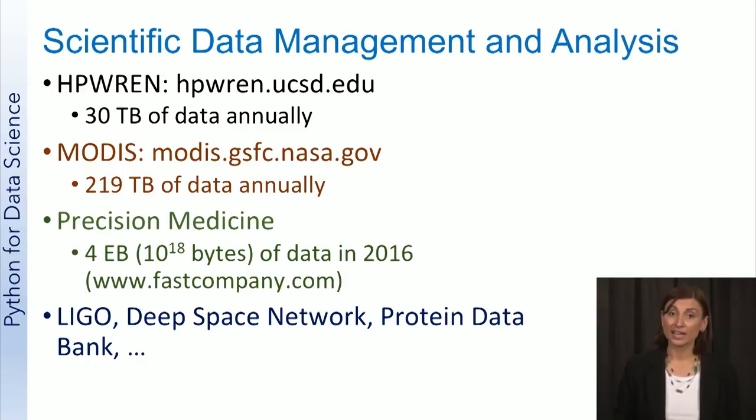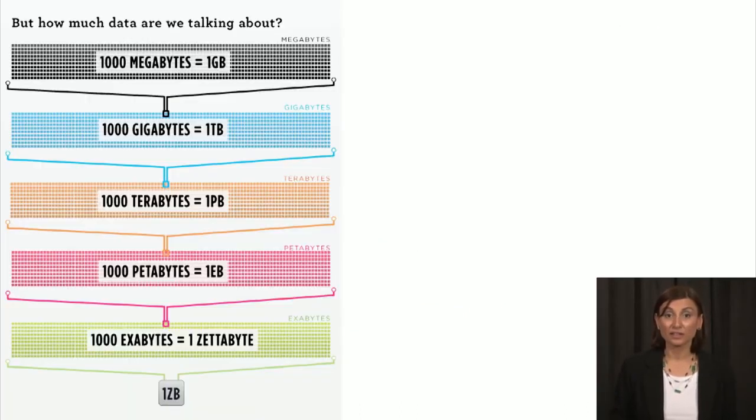Another research product is the Protein Data Bank, which is a repository of information about 3D structures of large biological molecules, which is important for research on human health and disease and drug development. Management and analysis of such scientific data sets is a huge challenge for modern scientific research.